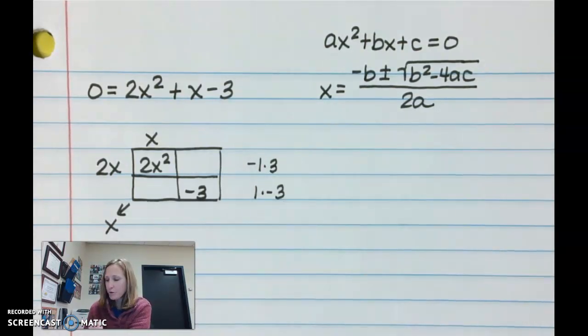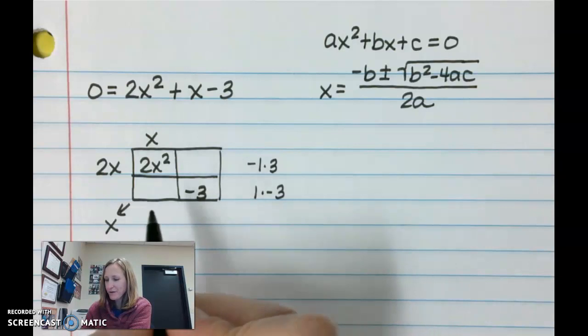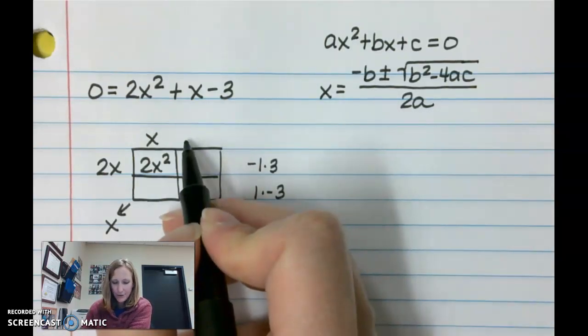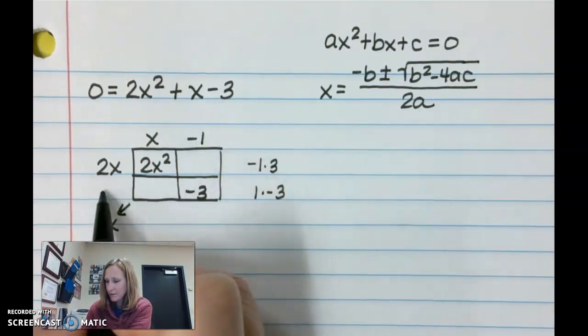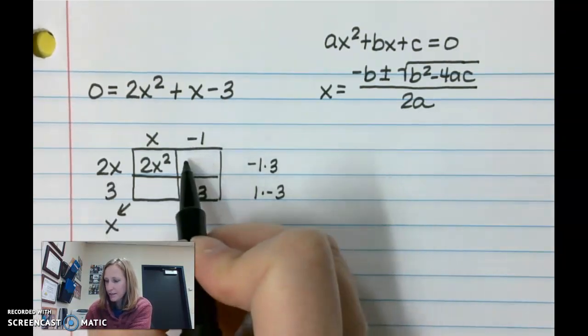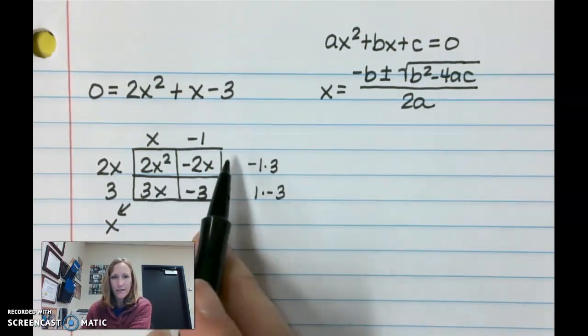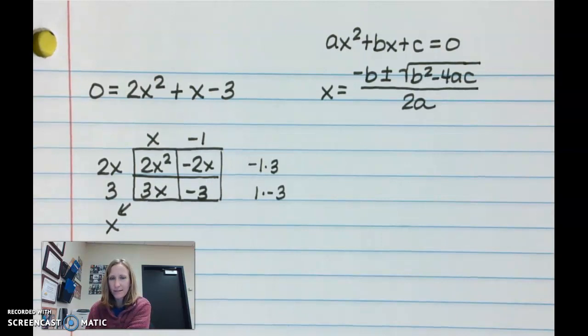And so then I'm going to work with this puzzle until I figure out what works. So it looks to me like I want this here to be x minus 1 and this to be x plus 3, so that I get negative 2x and positive 3x that will combine to be the 1x that I need there in the middle.